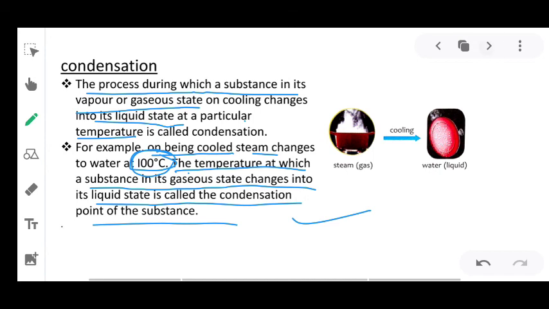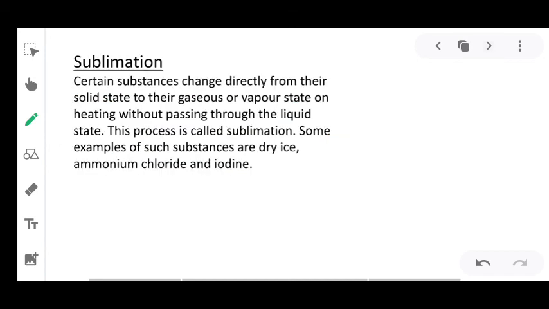Okay, then sublimation. Certain substances change directly from their solid state to their gaseous or vapor state on heating without passing through the liquid state, and that process is known as sublimation.